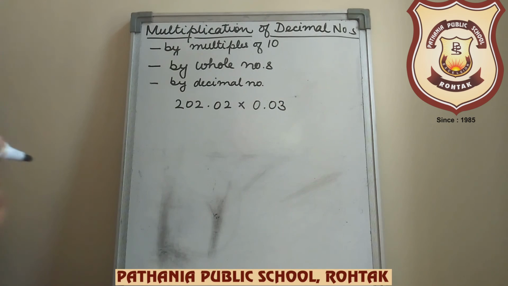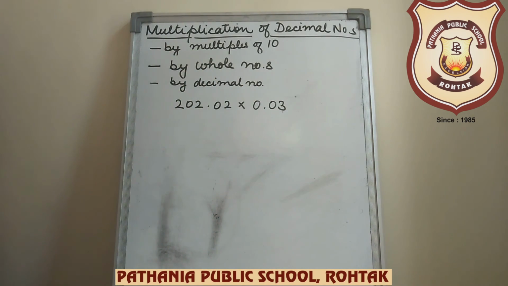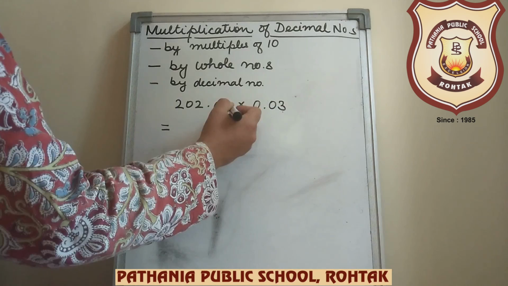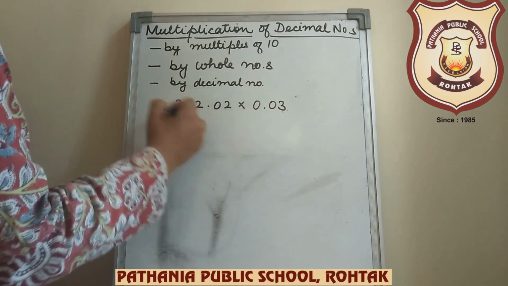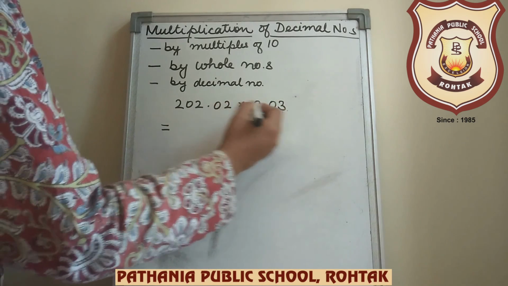Now how to multiply it? Now first, as there is only one digit in the multiplier, I will just multiply first this number with 3. No decimal to be taken into consideration.